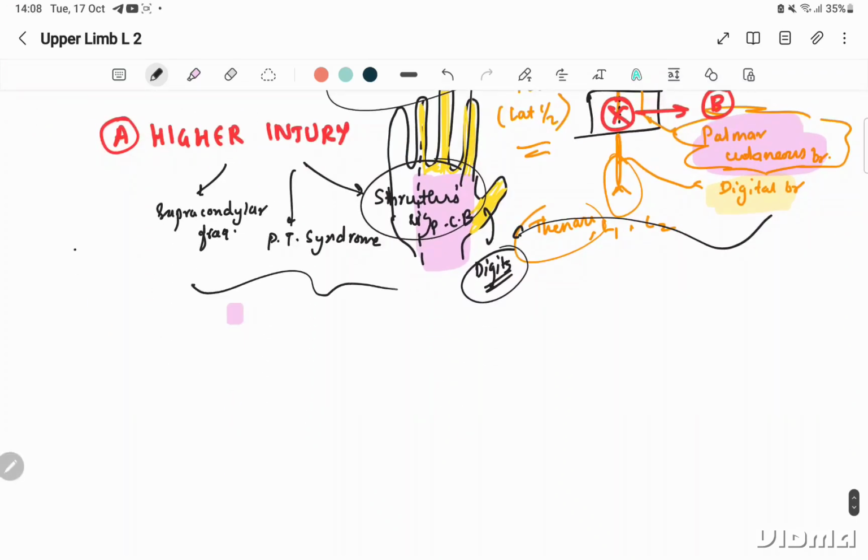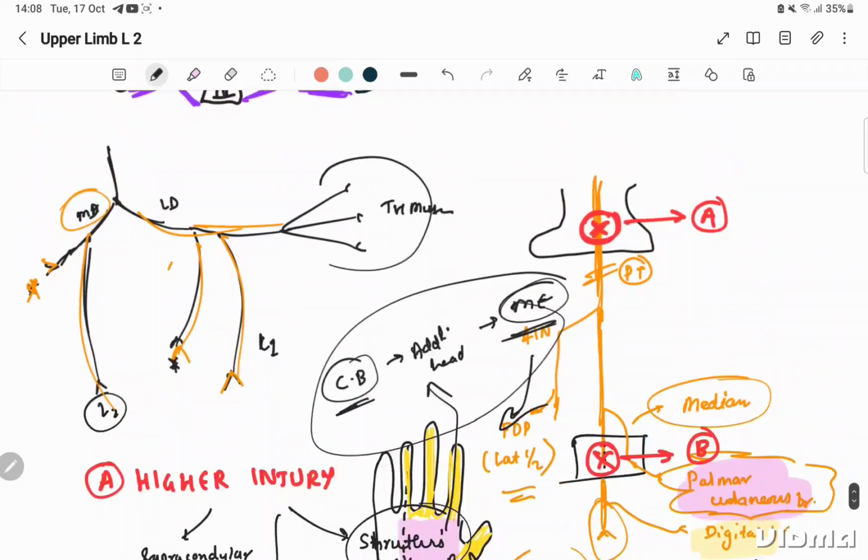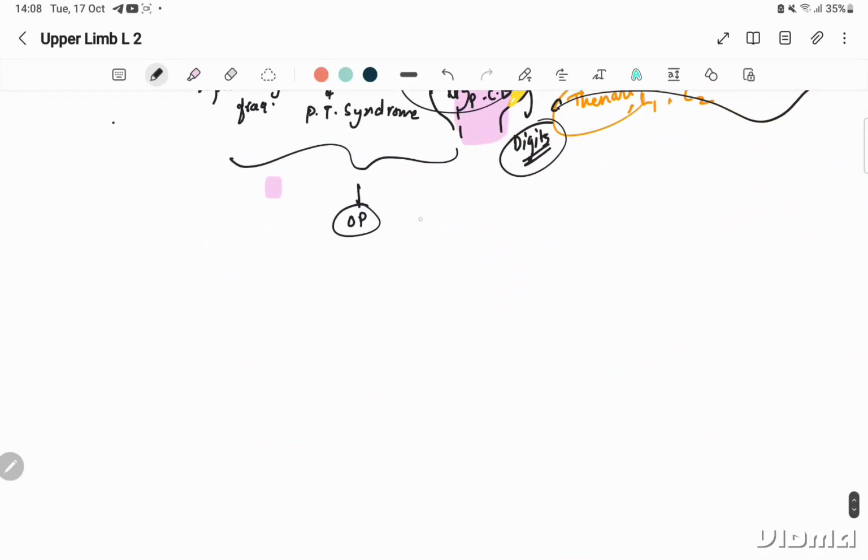So in all three of these, in the higher injury, the opponens pollicis is involved. Of course, opponens pollicis is supplied by the lateral division of median nerve in hand. So due to opponens pollicis involvement, you can have an unopposable thumb, that is called ape thumb deformity. In this also, what is paralyzed?